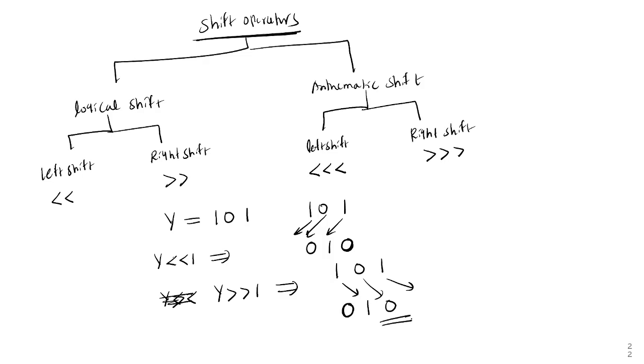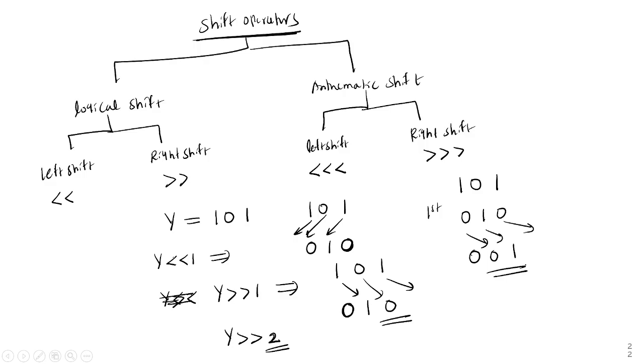Like this you can do the logical right shift. Suppose I want to shift 2 times, I will use this; however many shifts you want to do, that number you need to include. With 101, the first shift gives 010, and in the second shift the vacant position is loaded with 0. So this is about the logical shift, left shift and right shift.